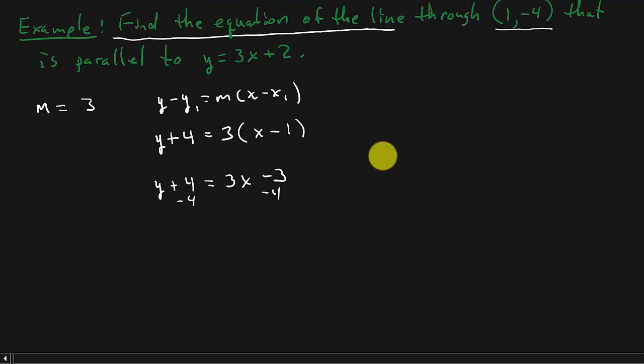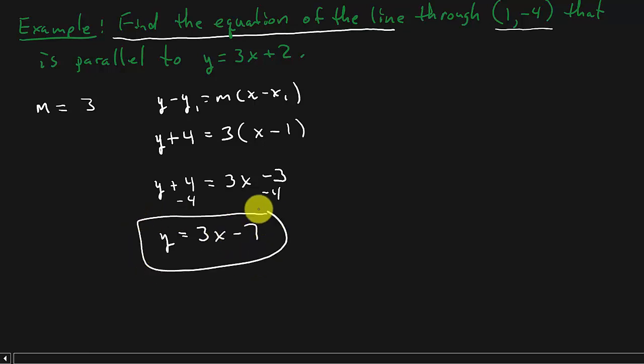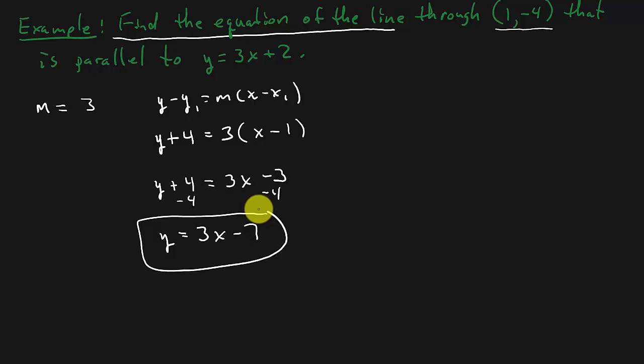Subtract 4 from both sides, so I get y equals 3x minus 7. And that's your answer. Okay? Assuming I didn't make a careless mistake, which I don't think I did. So let's go and look at the next example.